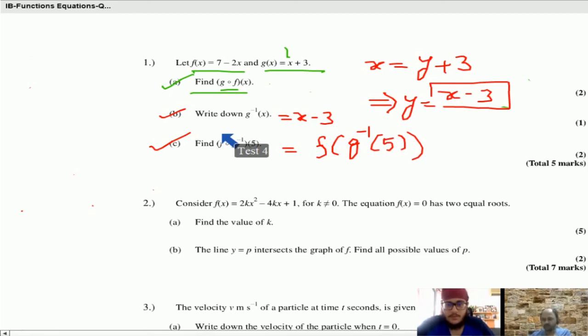Because g has to be the inner function since it is on the right. So can we have the value of g inverse of 5? Let's find out.